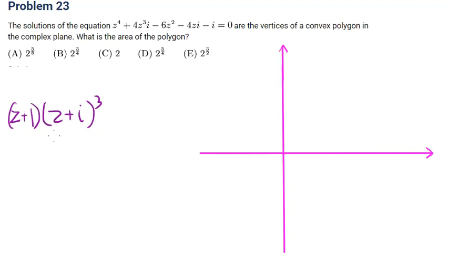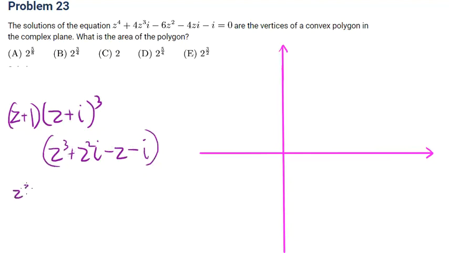(z + i) to the third is z to the third plus z squared i minus z minus i. This is z plus 1.